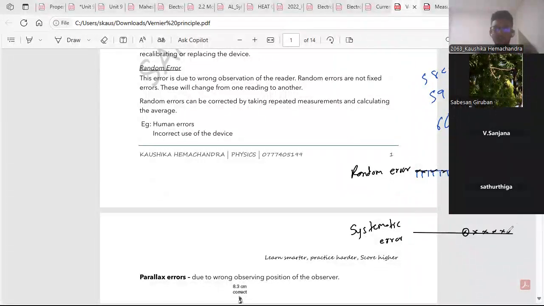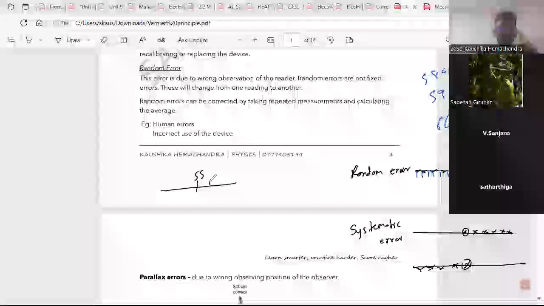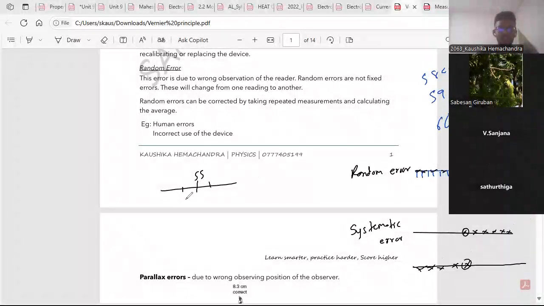The readings will be shifted to a certain side. It can be this side or it can be the other side, right? That is due to wrong equipment. So if you try to take 5 seconds as correctly as possible, if it's only the random error, with no problem in the instrument, it will be, let's say, 5 seconds, a bit more than that or a bit less than that. So when you take the average, it will come to the middle.